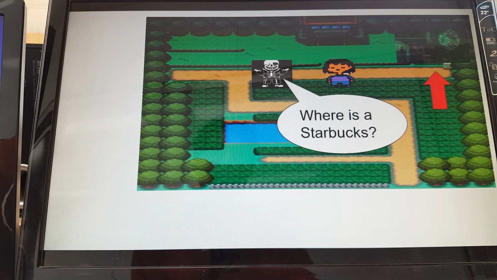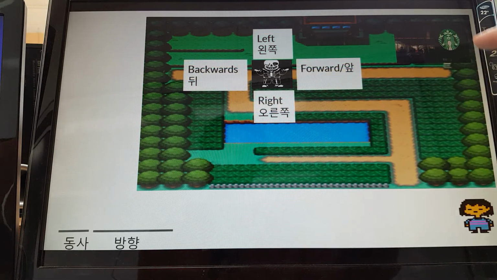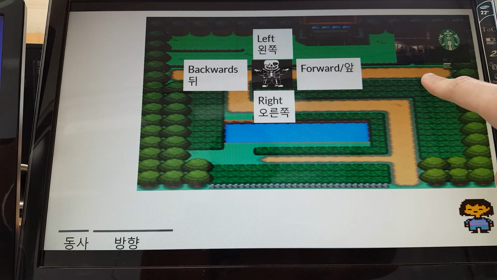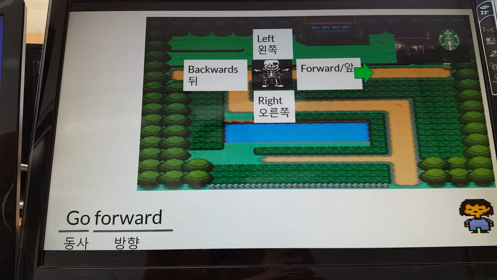Your friend asks, where is a Starbucks? And you think. So first, your friend has to go here. So, what do you say? Well, the direction is forward. So you say, go forward.